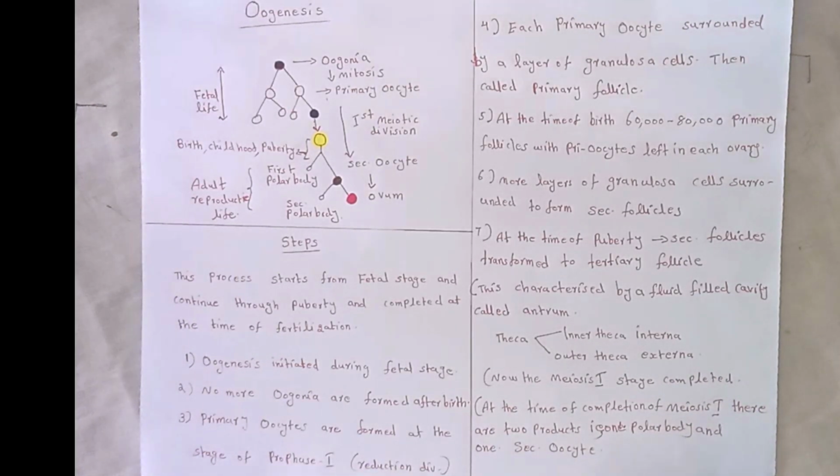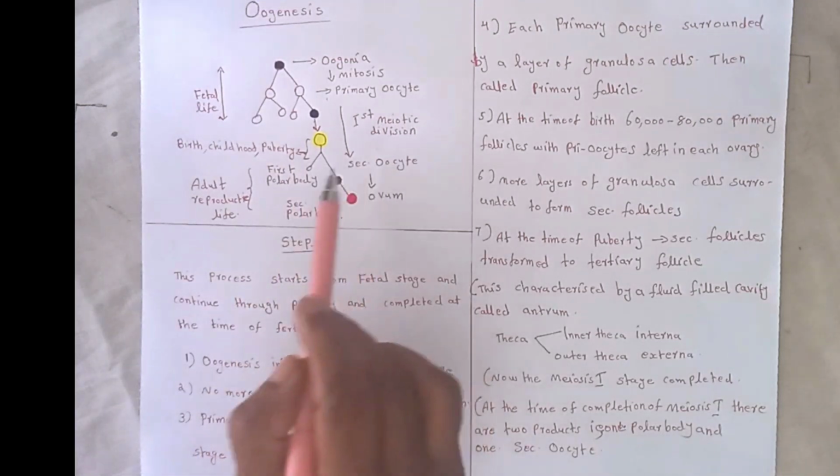At the time of meiosis 1 completion, two products are formed, one polar body and one secondary oocyte. These polar body and secondary oocyte are unequal in size.